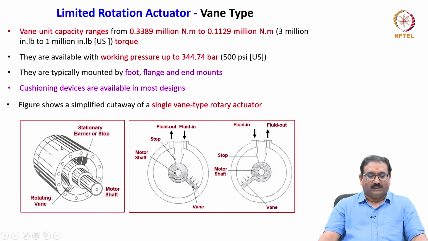You will see what it basically consists of in this sketch. Here is the vane, which is rotating due to the fluid pressure, and please understand here friends, a stationary barrier or a stop is provided here.